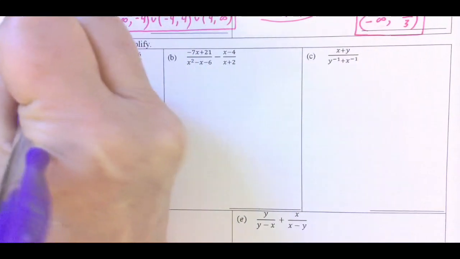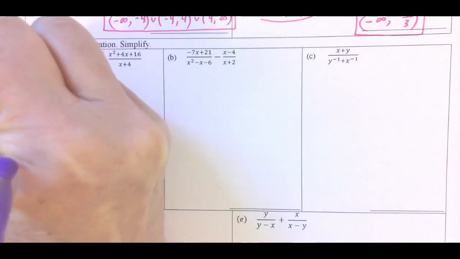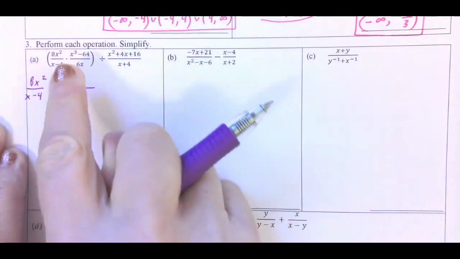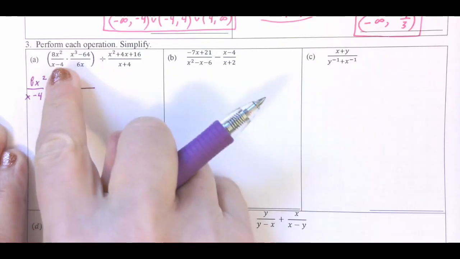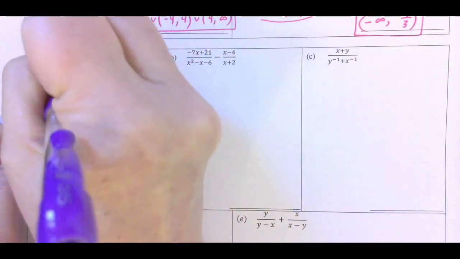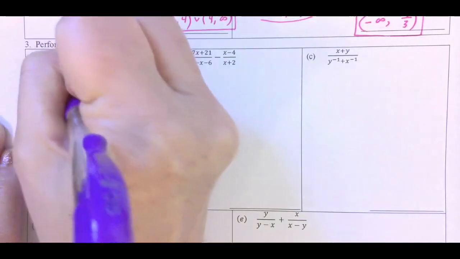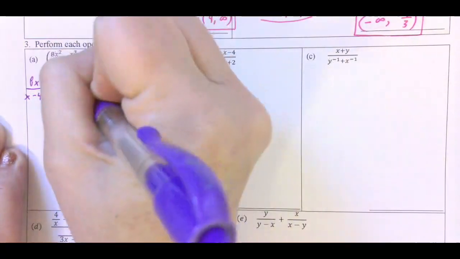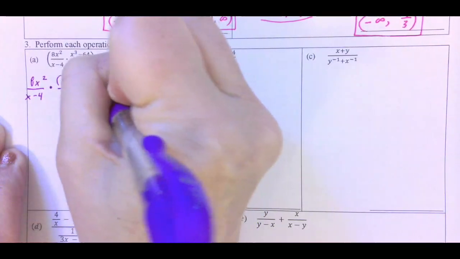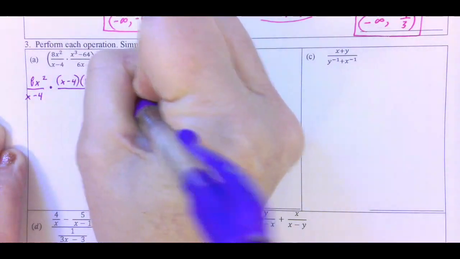Can't do anything with the 8x squared over x minus 4. That's already done. But over here, I have a difference of cubes. That's x cubed, that is 4 cubed. So I have x minus 4 times x squared plus 4x plus 16, 4 squared is 16.